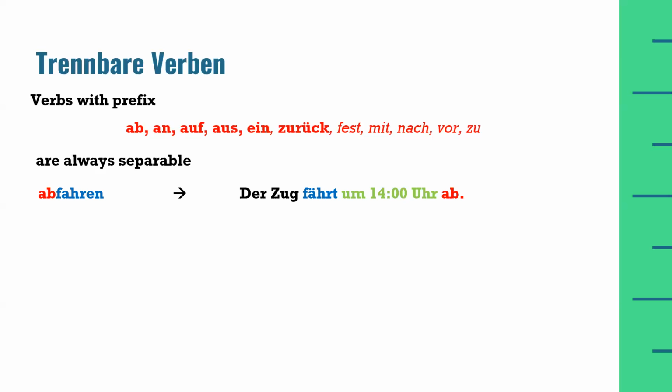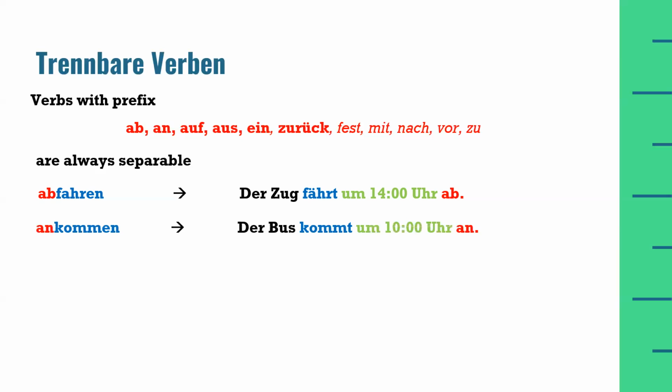So the subject of the sentence is der Zug and fahren will be conjugated according to der Zug, so it becomes fährt. Then comes 14 Uhr. Whenever we use time, we have to use the preposition, and ab is the prefix which goes to the last position of the sentence.